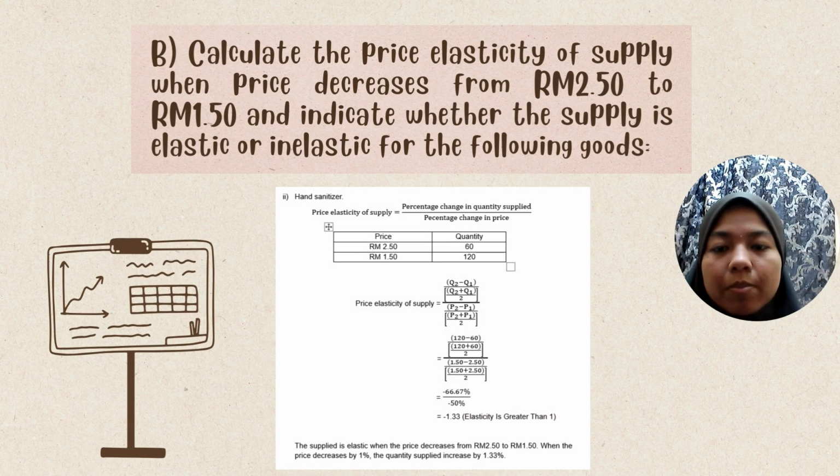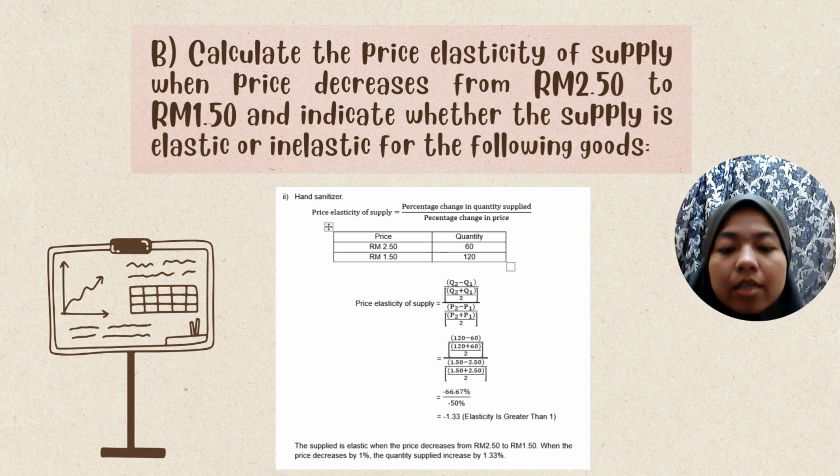For question B, calculate the price elasticity of supply when price decreases from 2 ringgit 50 cent to 1 ringgit 50 cent and indicate whether the supply is elastic or inelastic for the following goods. So next, I want to calculate the elasticity of supply for hand sanitizer.